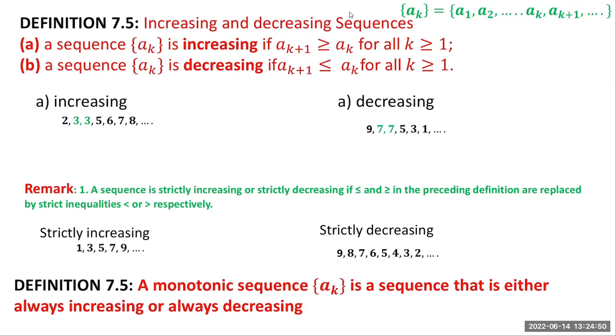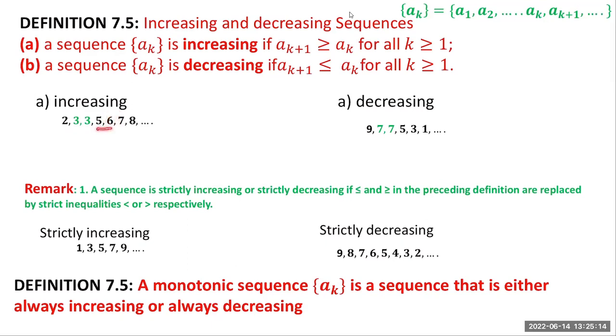Now, let me give you an example of an increasing sequence and an example for a decreasing sequence. Here is an increasing sequence: 2, 3, 3, 5, 6, 7, 8. Okay, notice that no matter what two consecutive terms you choose, always a given term is bigger than or equal to the previous term.